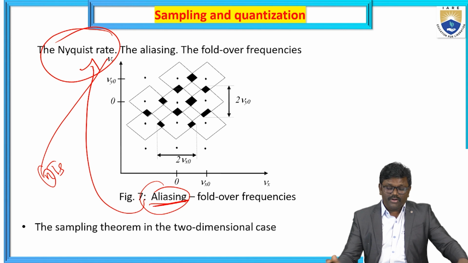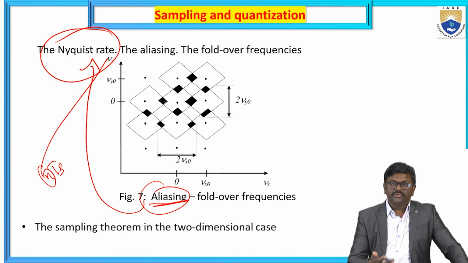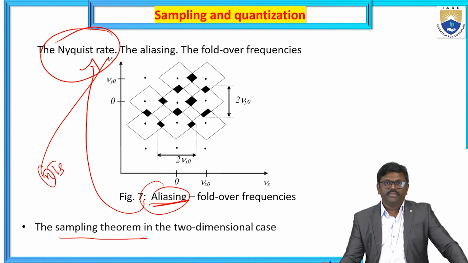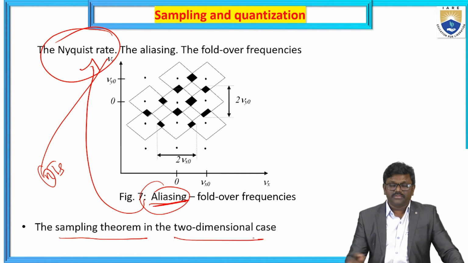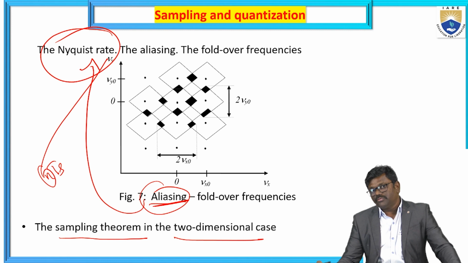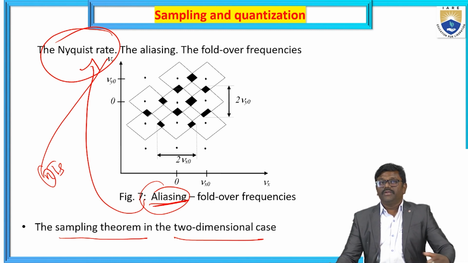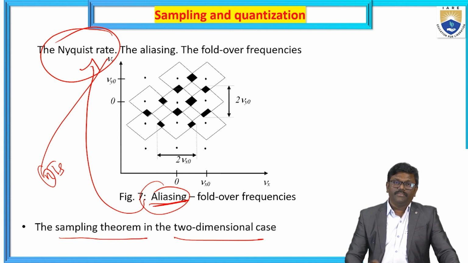For that we are going to take the knowledge of the sampling theorem, which we consider in the two-dimensional case only. You can also process it in three dimensions, but the basic idea, easy to understand, is the two-dimensional process.